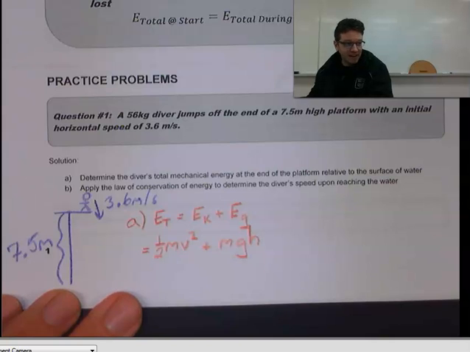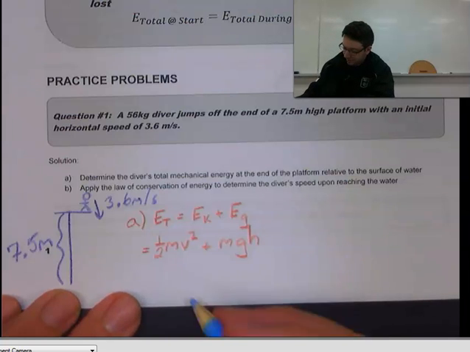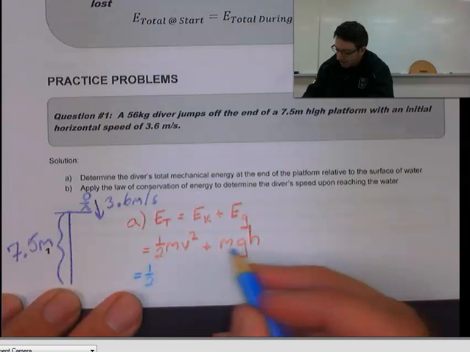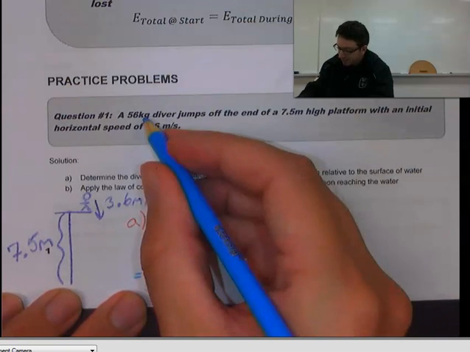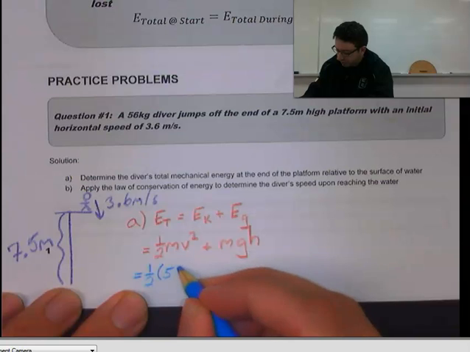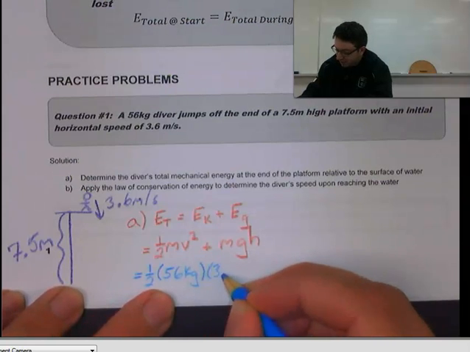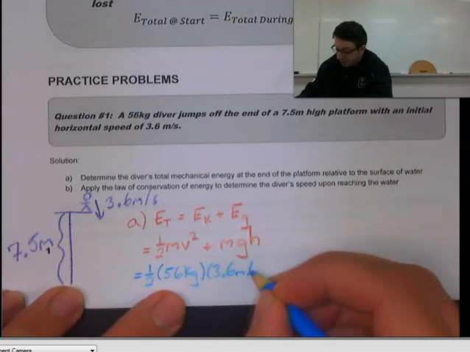Now if you like math and you want to factor out that mass to make it easier, you can. I won't do that with you. Let's just focus on the physics. Okay. And we're going to put in our numbers now. So 1/2. Our mass is 56. Our initial velocity is 3.6. Don't forget to square it.